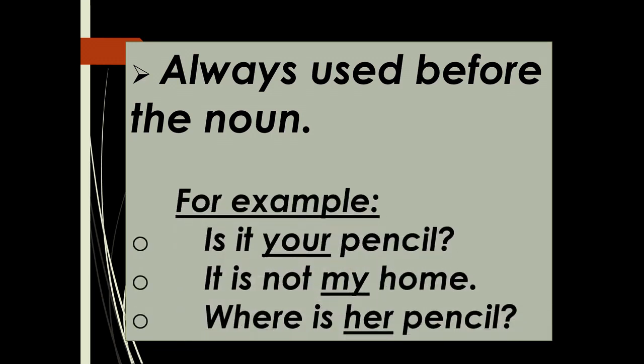For example, is it your pencil? It is not my home. Where is her pencil? In these sentences, we can see that the possessive adjectives are used before the nouns pencil and home.